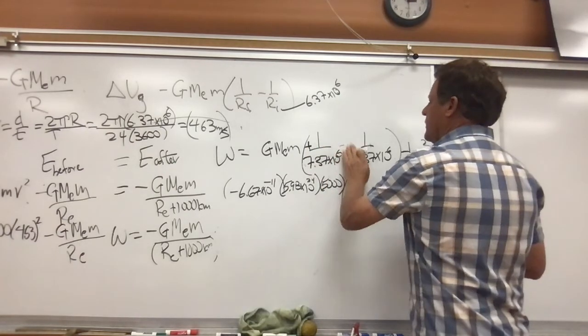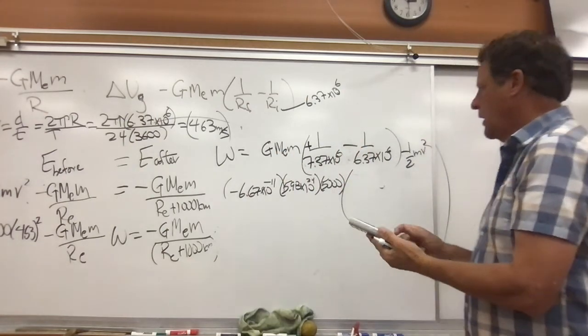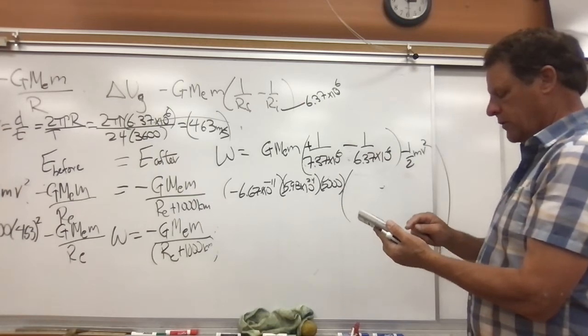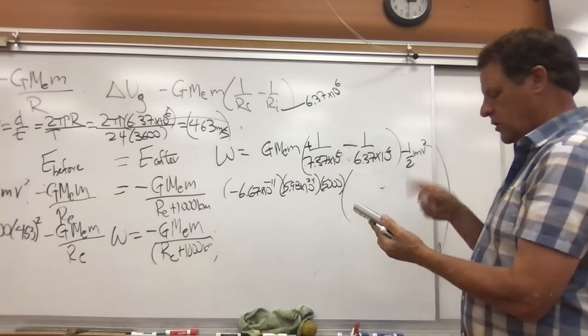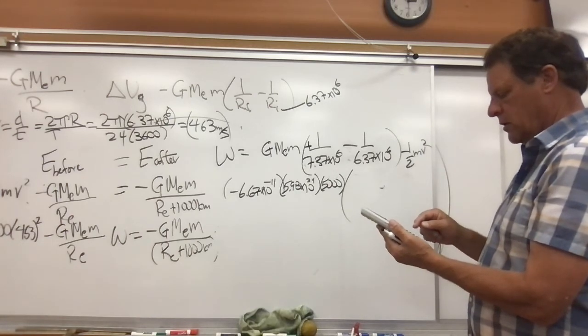This goes plus and this goes minus when we distribute that negative. Okay, so then we're going to take inverse minus 6.73 times 10 to the 6th, inverse.